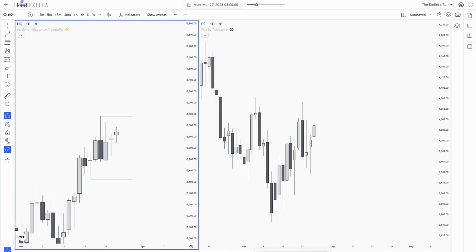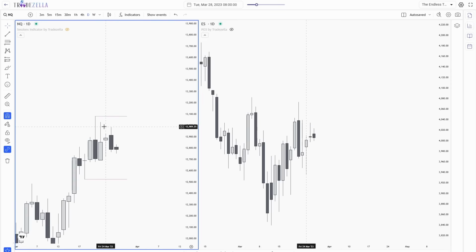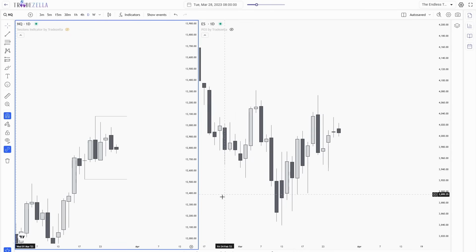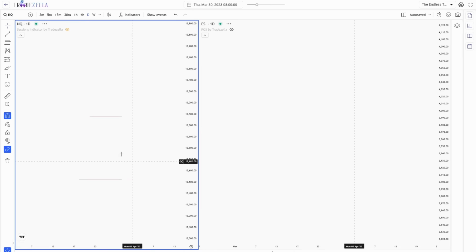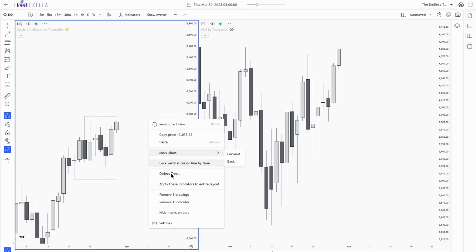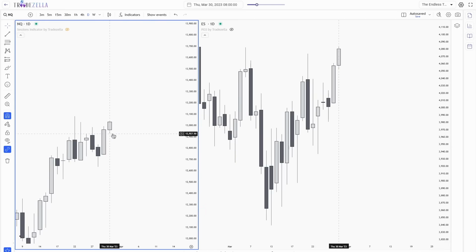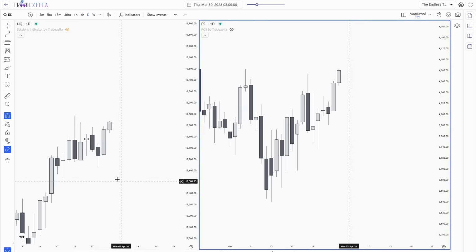Going on to the next day, still inside that consolidation, still. Now it is going for that high after Tuesday's candle.